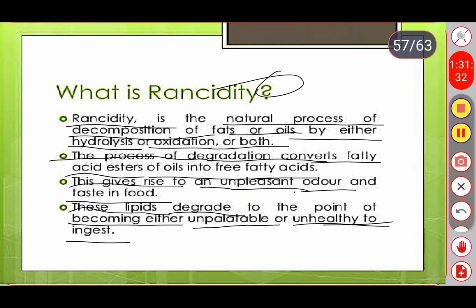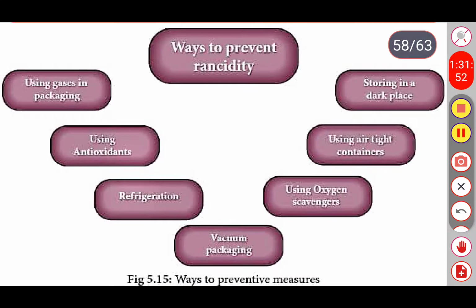So how can we prevent the spoiling of food? Here are some ways to prevent rancidity. First one, using gases in the packing. Second one, using antioxidants. Third one, refrigeration.